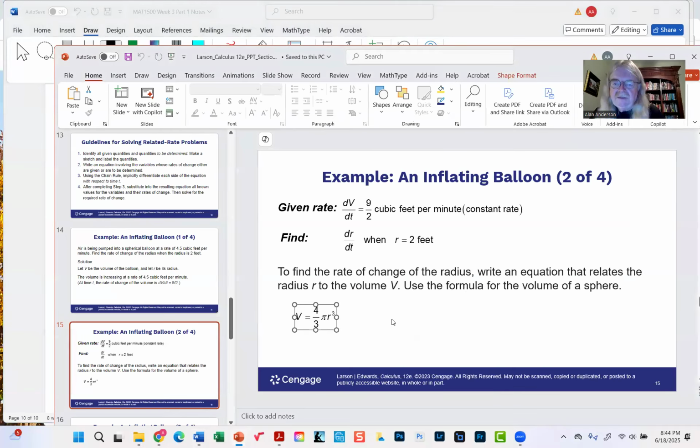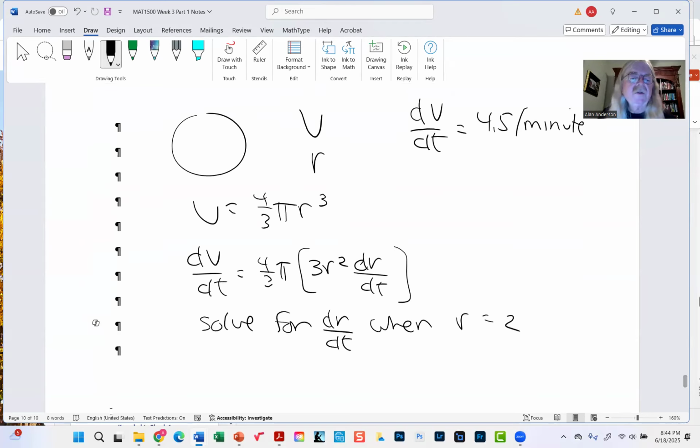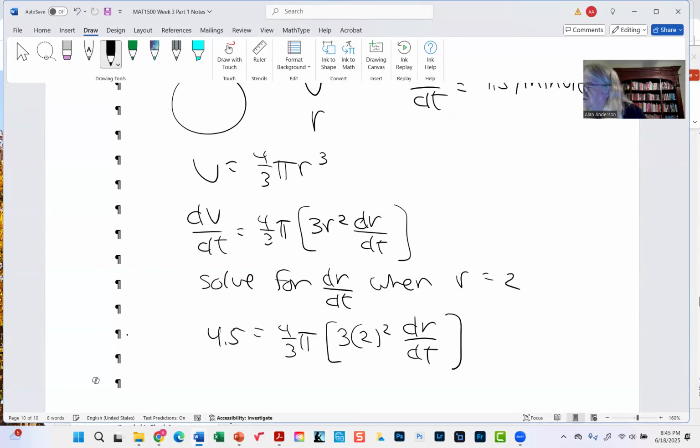Find dr/dt when r is 2 feet. All right, well, fortunately, we do know that dV/dt is 4.5. r is 2, and then we can use all that to solve for dr/dt.